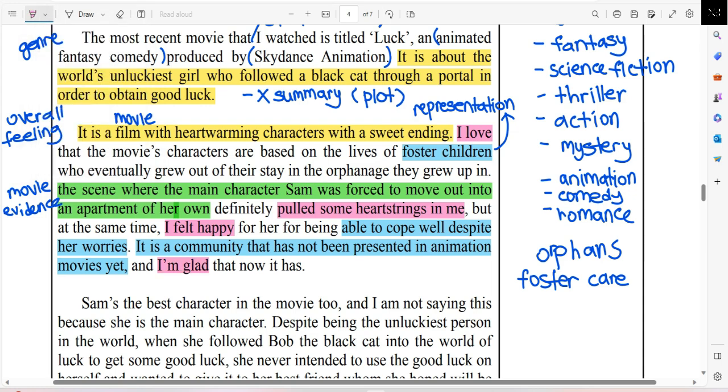I'm glad that now it has been represented. Representation can be good, can be bad. In this movie, in a way it's good because we are exposed to the idea, to the knowledge of what foster children are. So we can mention all these things. You see how we are analyzing our essay. So this is how you can write your review essay.